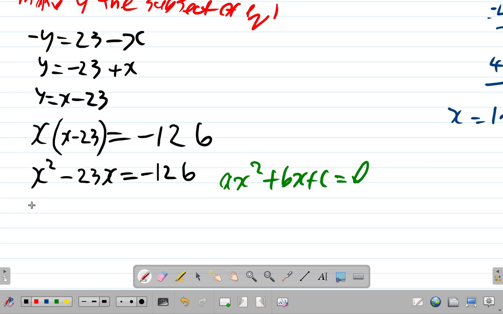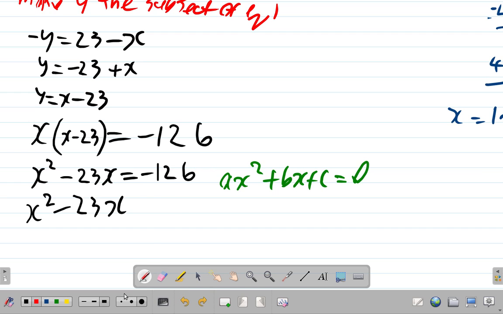What you're going to have is x squared minus 23x. Add 126 to both sides. What you'll have is negative 126 plus 126, and the 126 will go because the negative plus itself will make it disappear.